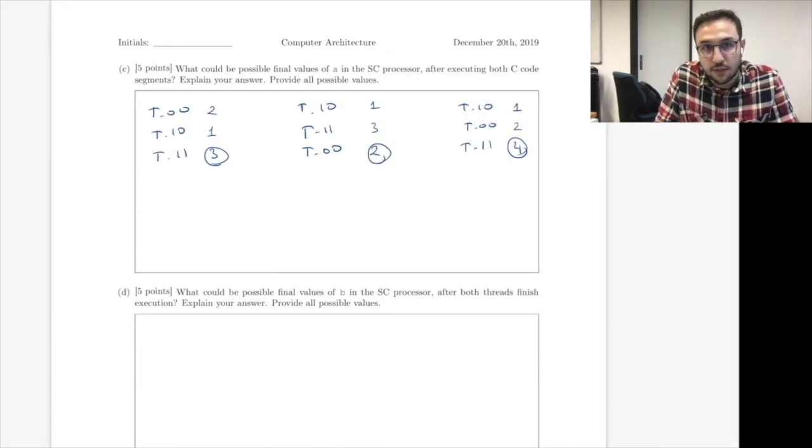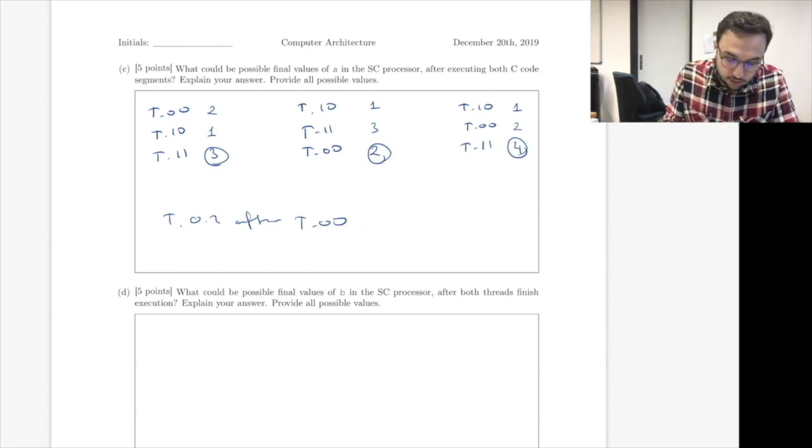Here, T0.2 has to come after T00. Therefore, T0.2 can go here, here, here, here, here, and here.